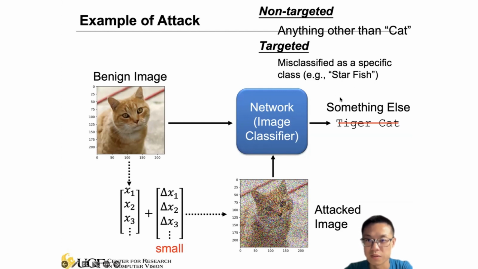We can give you an example, maybe in a military application. If we have a machine learning model, and we have a tanker or some military vehicles, we can do a target attack. We want the machine learning model to fail and classify a tanker as a civilian vehicle. In this case, it will not raise any alert.